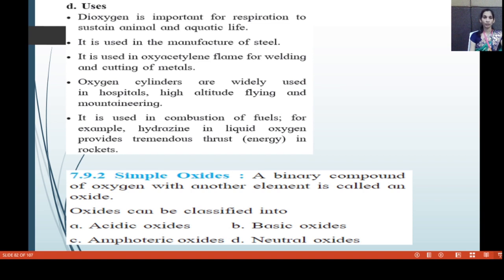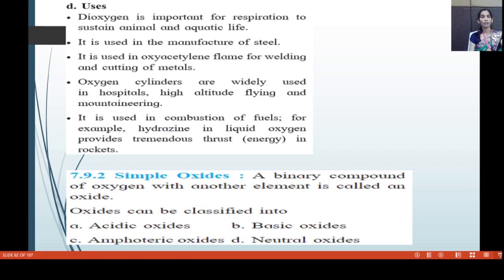It is used in the oxyacetylene flame for welding and cutting of metals. Oxygen cylinders are widely used in hospitals. In high altitude flying and mountaineering, they use dioxygen cylinders.